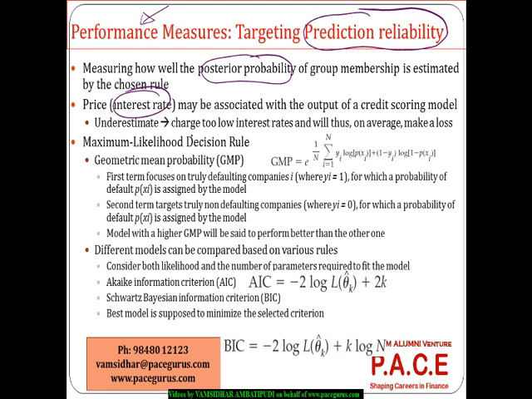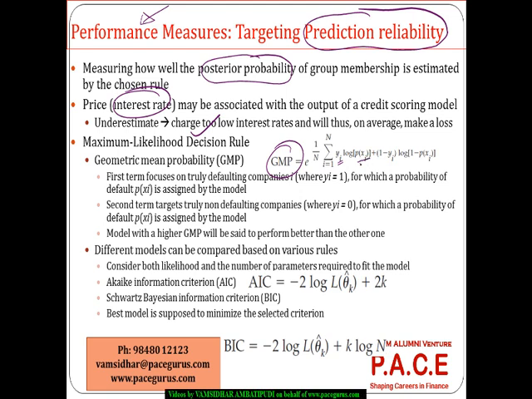And this is where we are using a maximum likelihood decision rule, in which we follow the geometric mean probability approach, with a formula e to the power of 1 by n times the sum. yi is talking about truly defaulting companies for which we give probability xi.